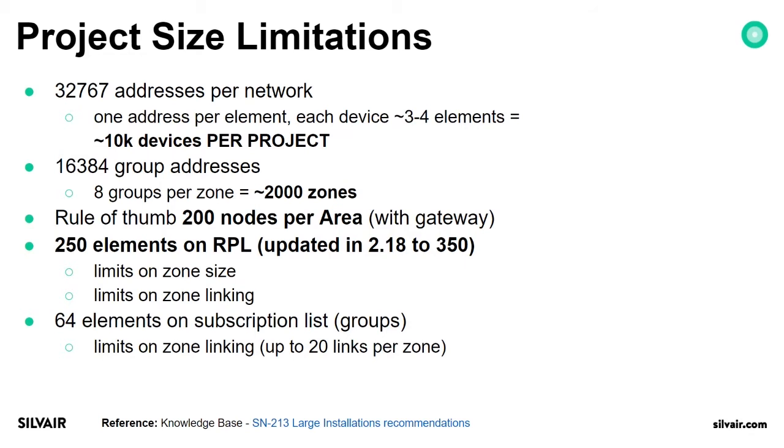So the rule of thumb: 200 nodes per area with gateway, and 250 elements on replay protection limit, updated in 2.18 firmware to 350. So currently the maximum elements for replay protection limit is 350 with the newest firmware.